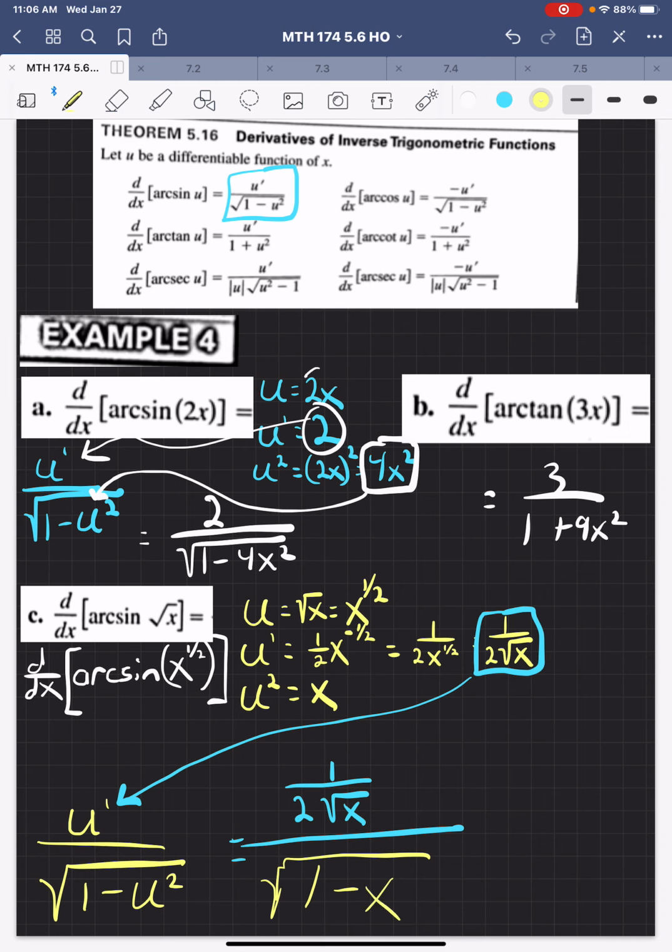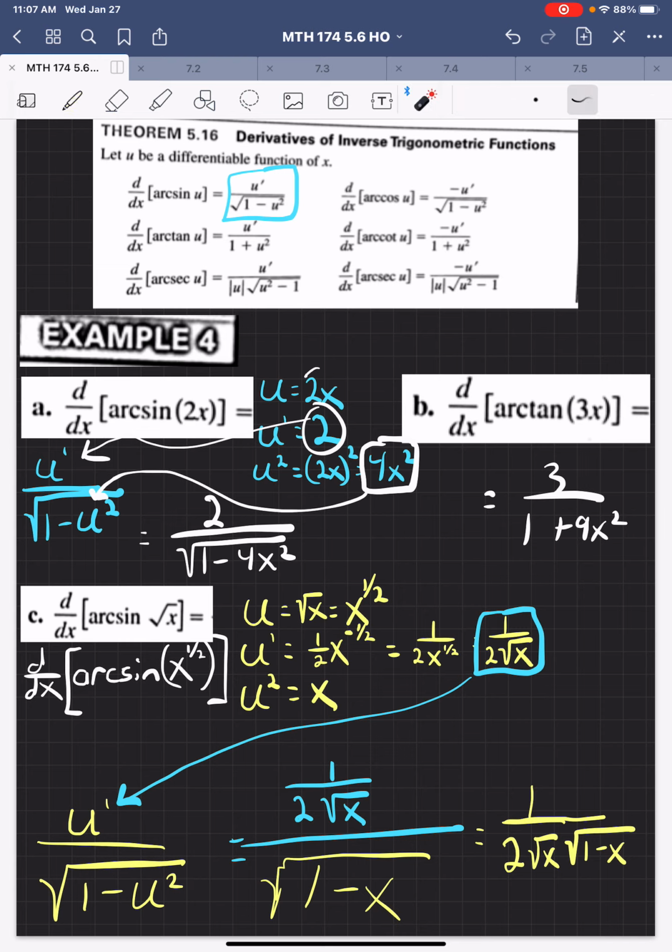Okay, so you have the right answer. It's just sloppy, right? You have this complex fraction, a fraction divided by a fraction. You can clean this up. You can just rewrite this as 1 over 2 square roots of x times the square root of 1 minus x.